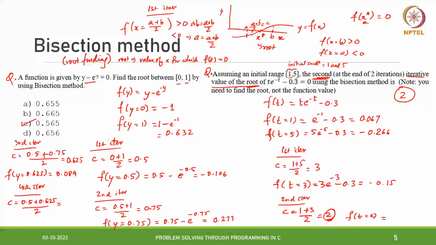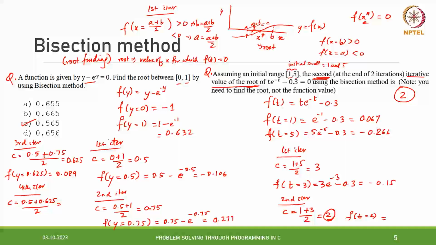So I can say clearly that the root will occur somewhere between 1 and 5, because the functional value at 1 is positive and the functional value at 5 is negative. So somewhere between 1 and 5 the function must be crossing the x-axis, that is, becoming 0. Do you agree to that?